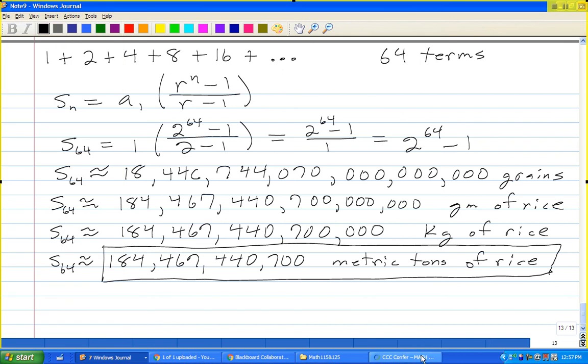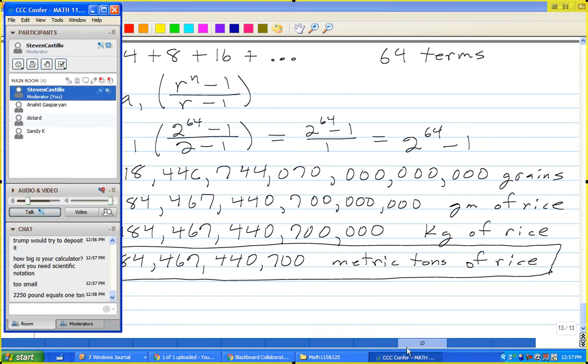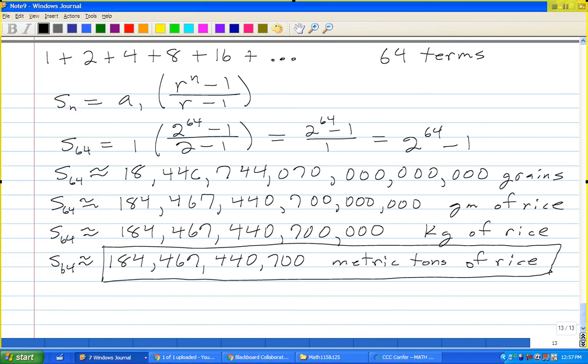So there are many differing ways of saying tons. I'm saying a metric ton. Okay. And so approximately 184 billion metric tons. Okay, so let's talk about money annuities.